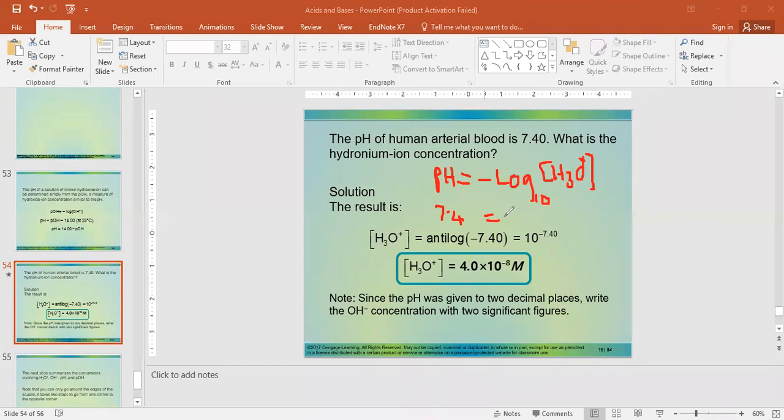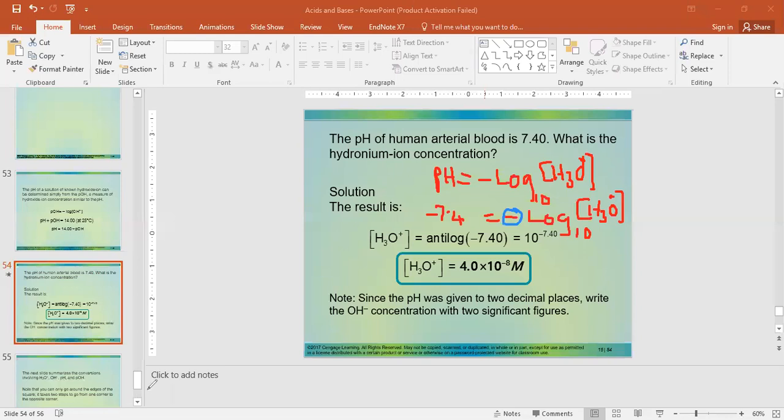So you have 7.4 equal to negative log to base 10 of the concentration of the hydronium ion. You can multiply both sides by negative, so that here it is negative 7.4 and this negative goes.